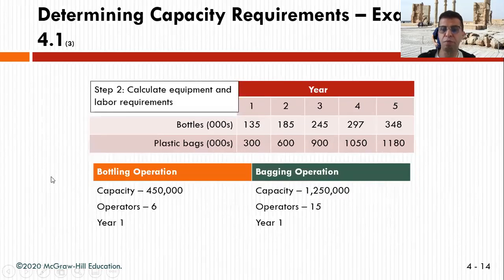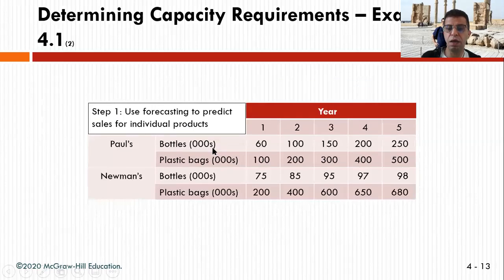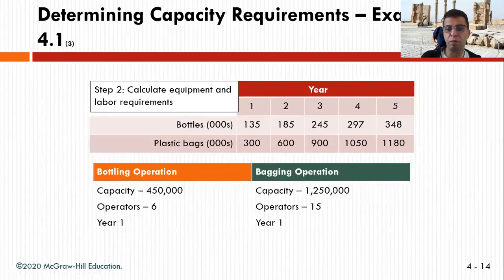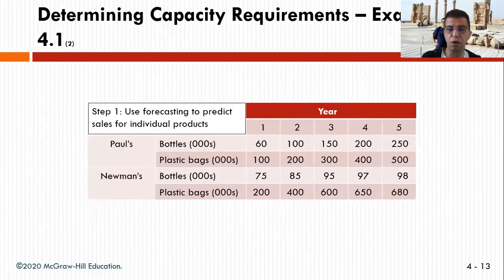So the second step, we need to do the calculation of equipment and labor. The total bottles the machines need to produce is 135,000, because you have 60 plus 75, which is 135, and for the plastic bags, 100 plus 200, which is 300.